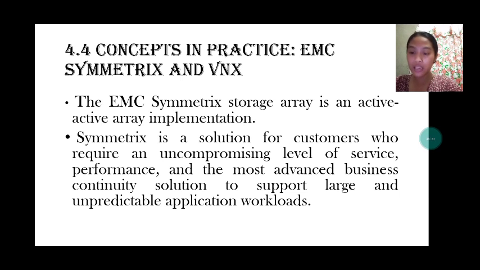The EMC VNX is a unified storage platform that offers storage for block, file, and object-based data within the same array. So it is suited for applications with predictable workloads that require moderate to high throughput. Details of the unified storage and the EMC VNX are covered in chapter 8.